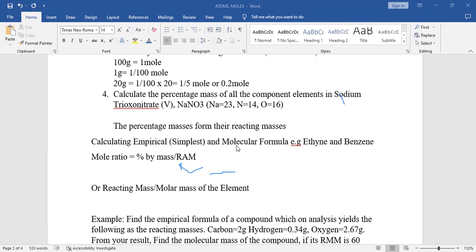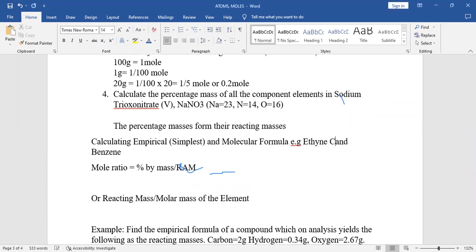So the formula for ethyne, which is an alkyne, is C2H2, right? The real formula is what? C2H2. While the formula for benzene is C6H6. If you divide both sides by the smallest ratio, this will be CH. So the empirical formula for benzene is CH.